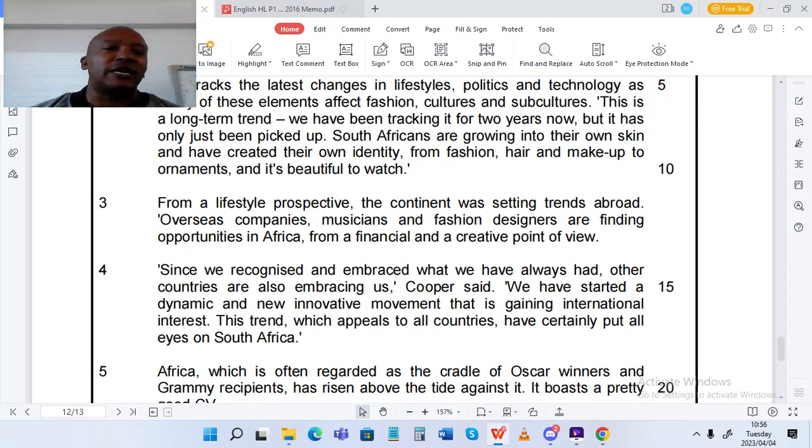Now, paragraph 4. Since we recognized, in that first sentence, who's the doer? Got it. We. Then you go, we recognize, that's singular, embrace, that's singular. We have, we recognized and we have. Can you see? You can't say we has, we say we have. That's correct. You don't even care what the sentence says.